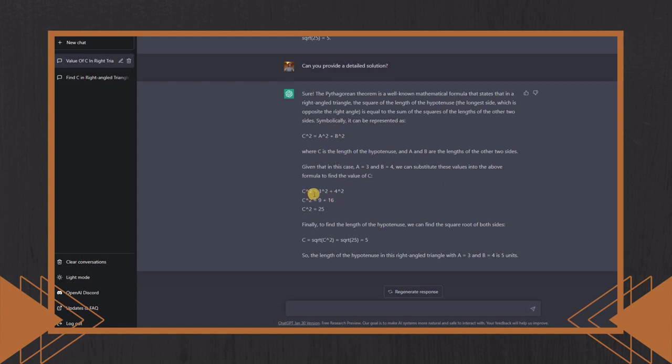C square is equal to 3 square plus 4 square. 3 square is 9, 4 square is 16, so C square would be equal to 25. And it says, finally, to find the length of the hypotenuse, we take the square root of both sides. So here, as you can see, C is equal to the square root of C squared, which is equal to the square root of 25, which is 5.